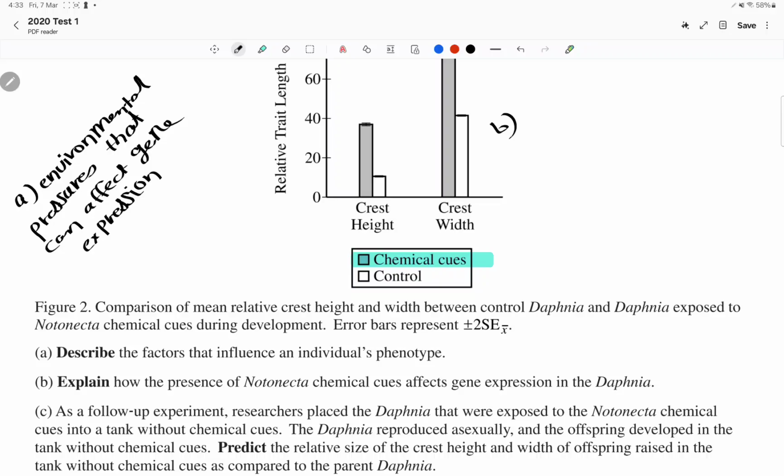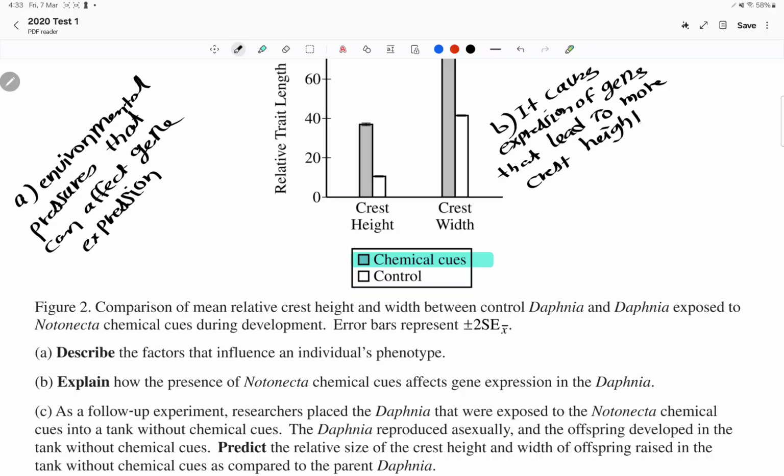Alright guys, let's move on. Explain how the presence of Notonecta chemical cues affects gene expression in Daphnia. It causes expression of genes that lead to more crest height and crest width.